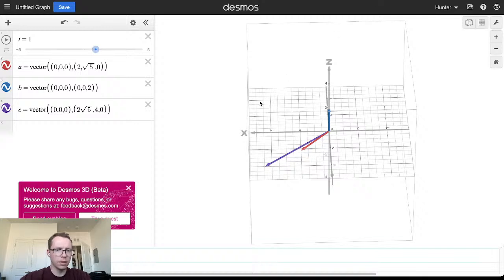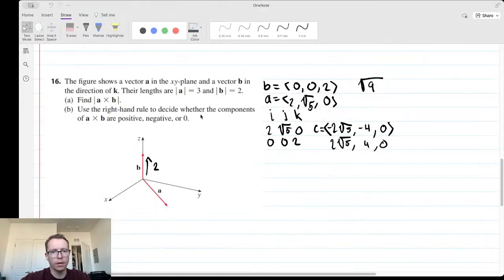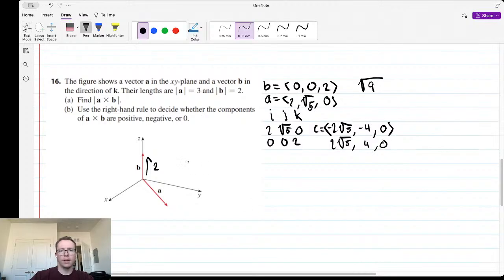This one's saying I need to use sine theta. Well, hold on. Let me bring you back here. So I know, because this is just on the z-axis and this is just on the xy axis, that this is a 90-degree angle.